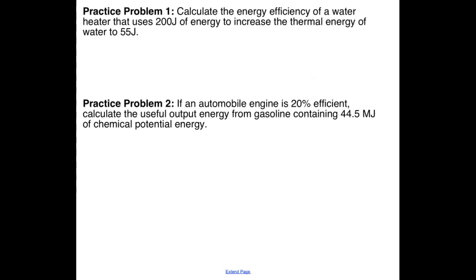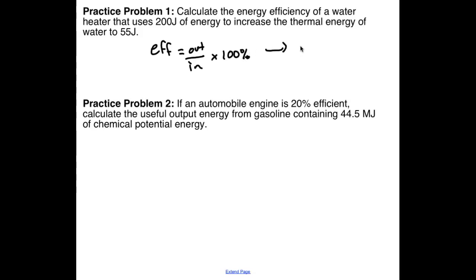So if we're doing a calculation for this, it says calculate the energy efficiency of a water heater. It uses 200 joules of energy to increase the thermal energy of the water by 55 joules. So for this question, our efficiency, remember, is equal to output over input, and then multiply by 100 so that it's in a percentage.